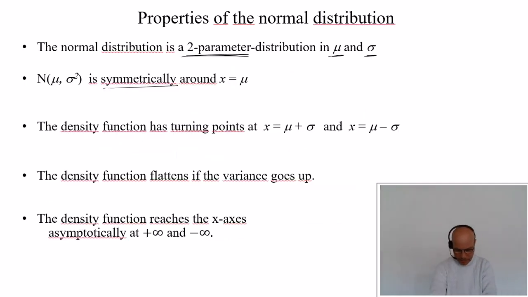It can be shown that these turning points are just at the expected value plus or minus 1 times the standard deviation.